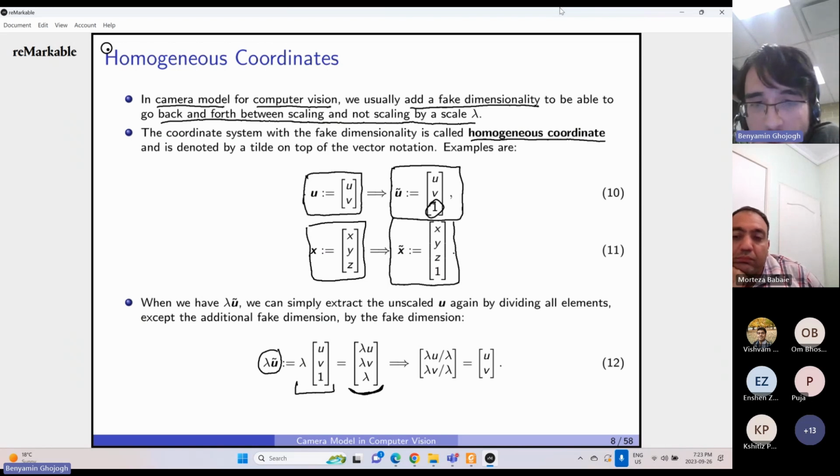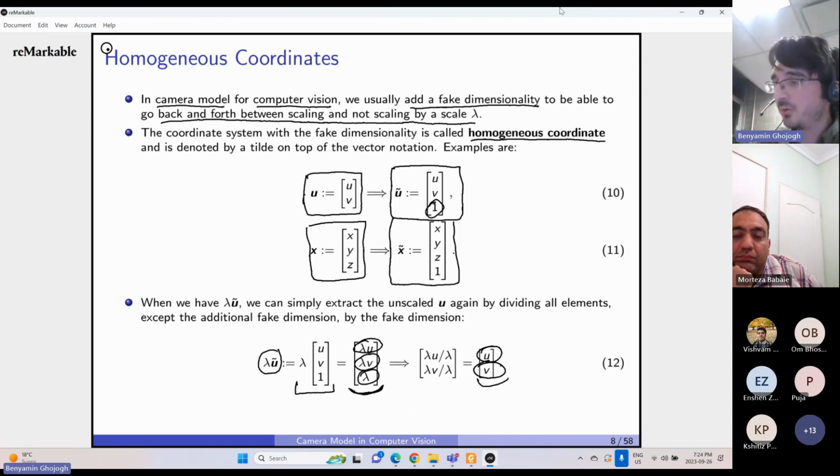If I divide all of the elements by the last element, which was supposed to be the fake dimensionality. So lambda u over lambda becomes u. Lambda v over lambda becomes v. And this is exactly our original Cartesian coordinate, right? So we can go back and forth between Cartesian coordinates and homogeneous coordinates.